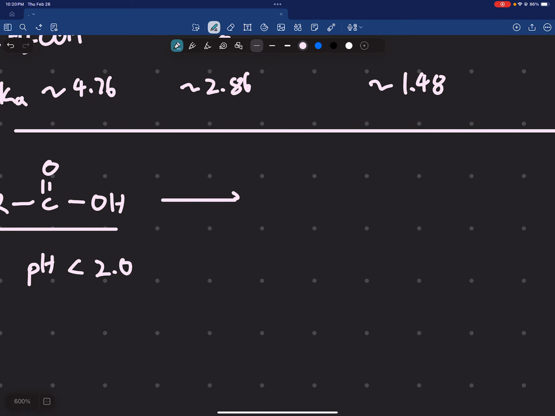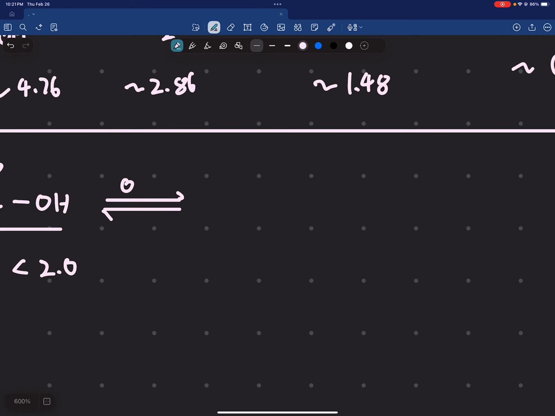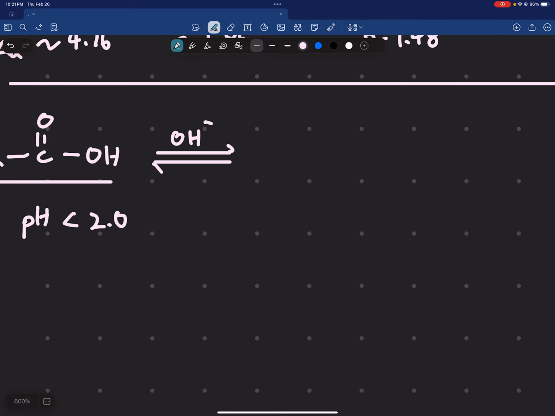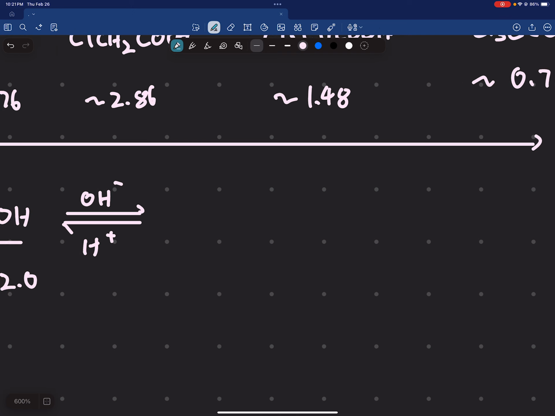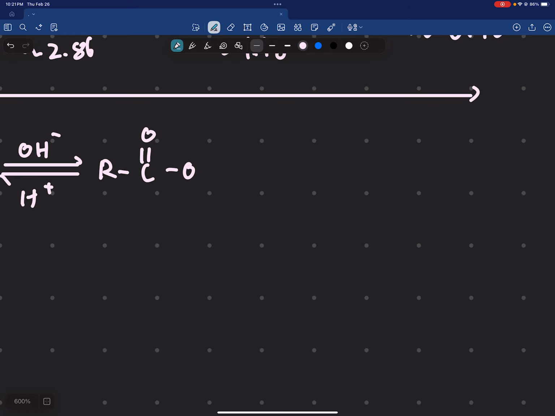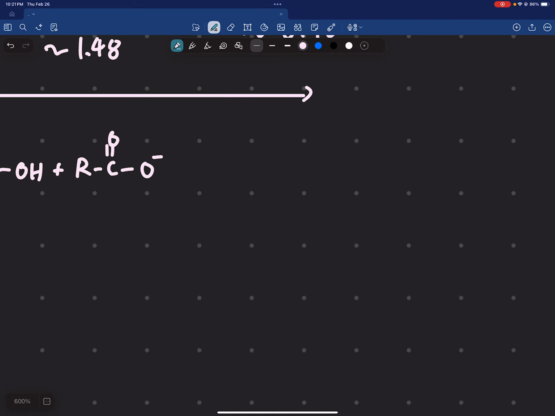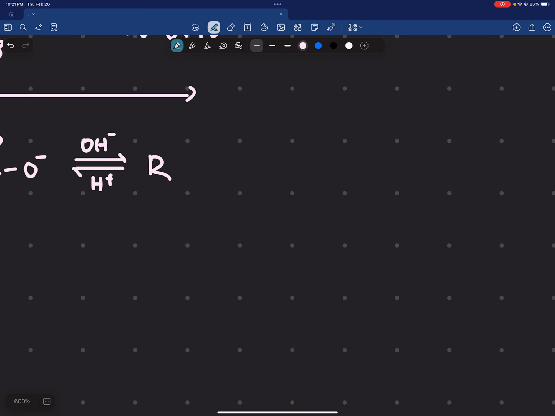But as we get more basic, we're going to see an equilibrium between both forms of the carboxylic acid, like so. And when the pH is 7 or above in a basic solution, the predominant species will be this form here.